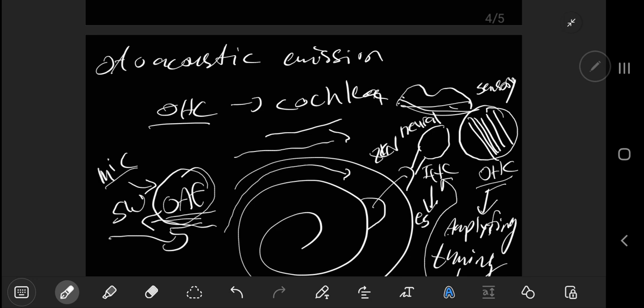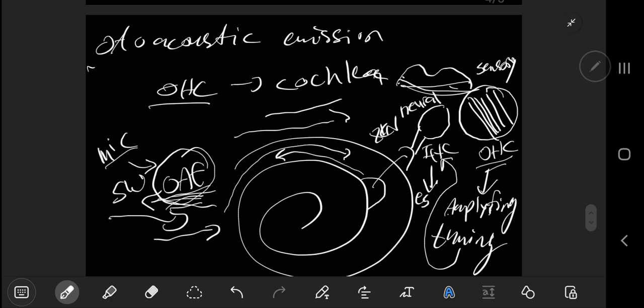So if the outer hair cells function, we'll get otoacoustic emission from just making noise. So the outer hair cells will, from this noise, signal back the otoacoustic emissions, or if they are not working, we won't get the otoacoustic emissions.